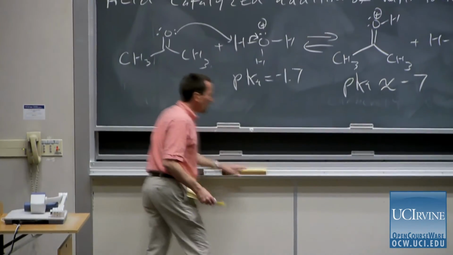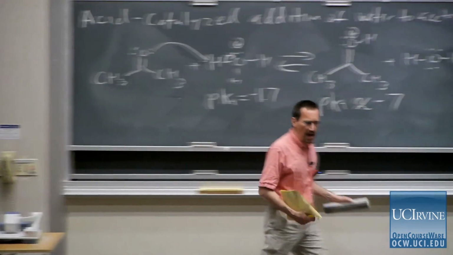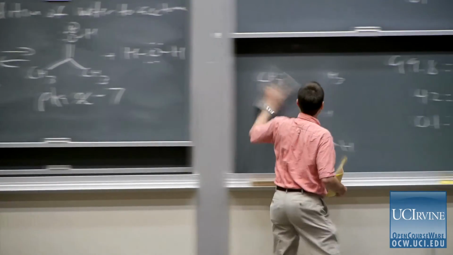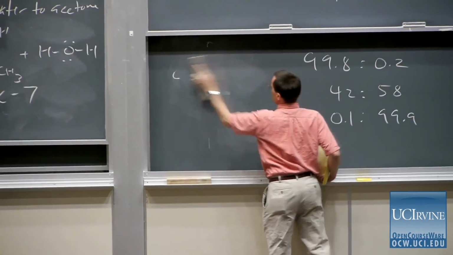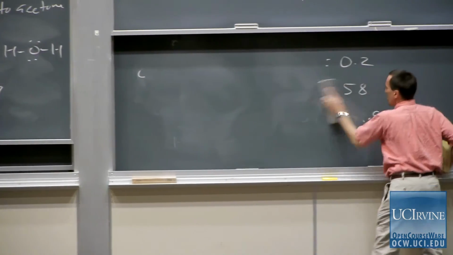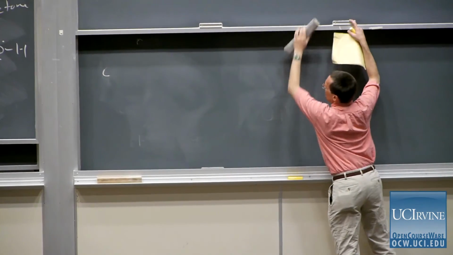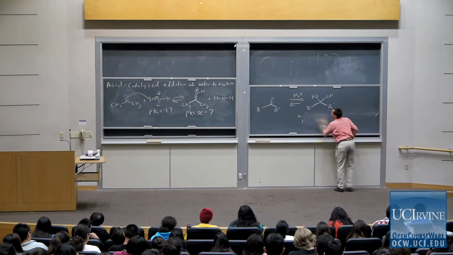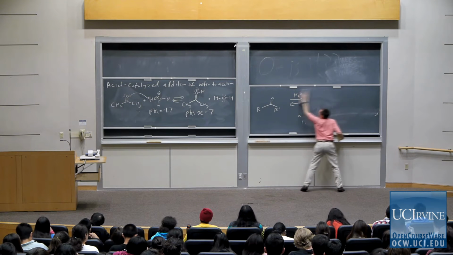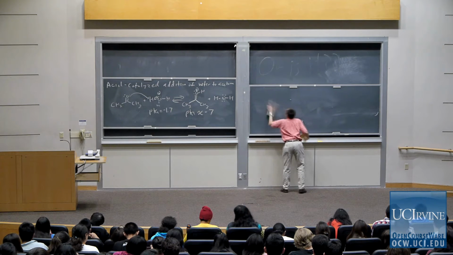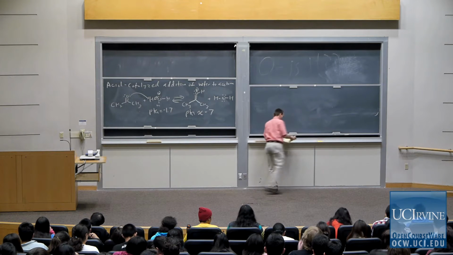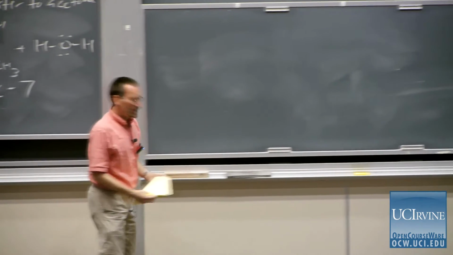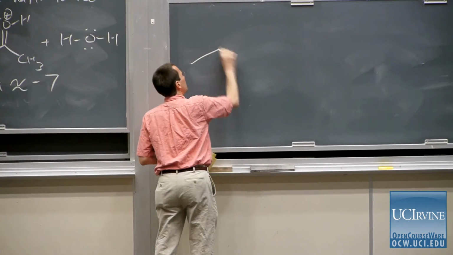All right, let's move on to the next step, because what happens in this step is we bumped up the electrophilicity of the carbonyl by protonating it to make the oxocarbenium ion. Now, at this point, water is a good enough nucleophile to attack.